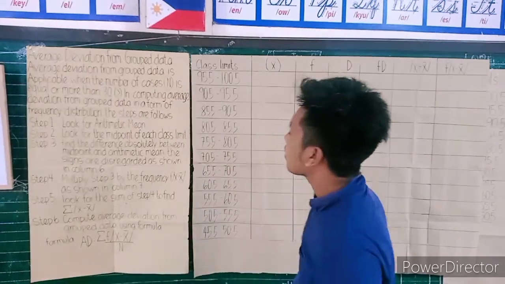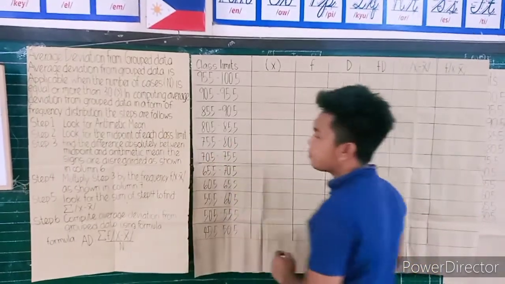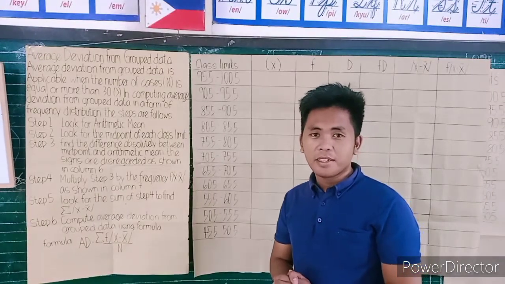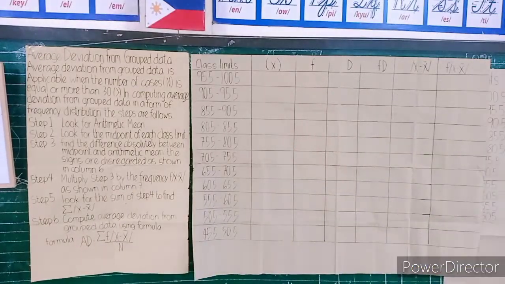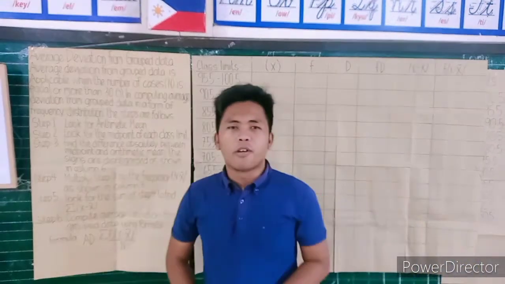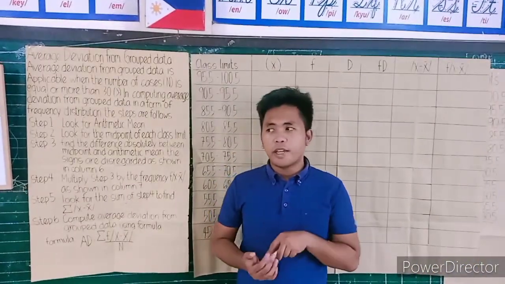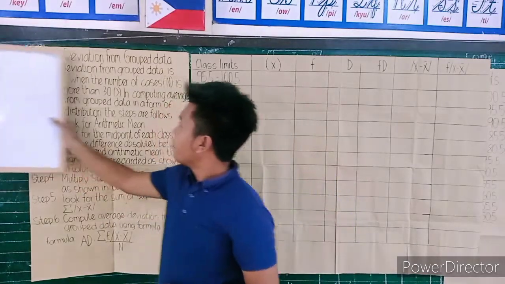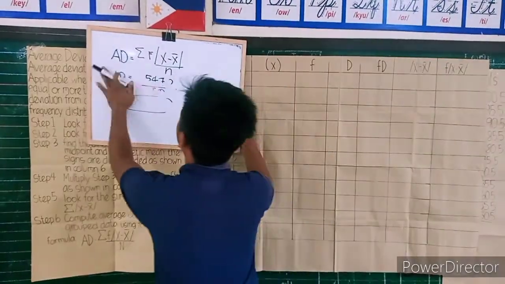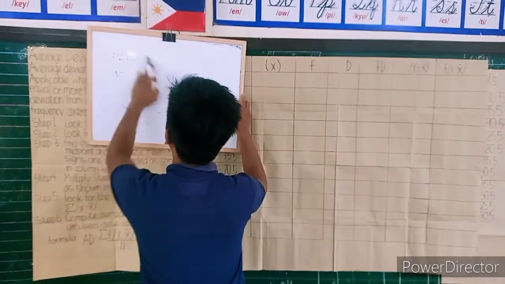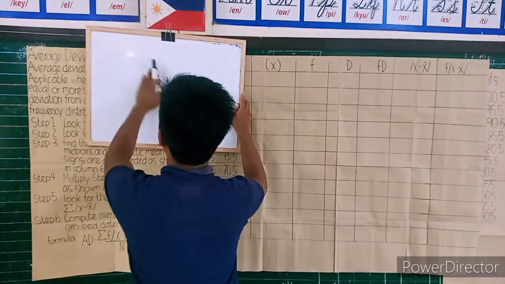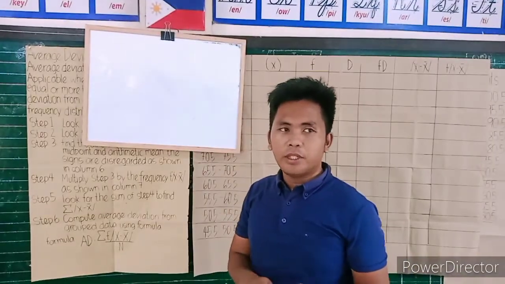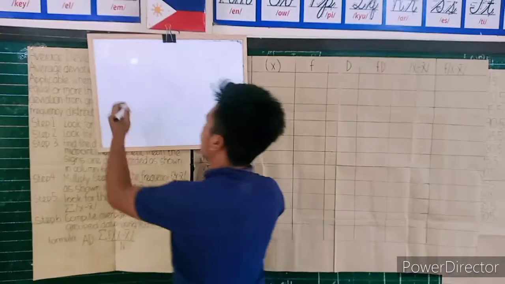So in order to look for the arithmetic mean, we need to find the formula on how to get it. What formula are we going to use? We need to use this kind of formula.